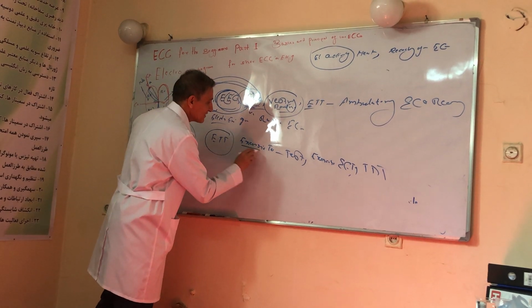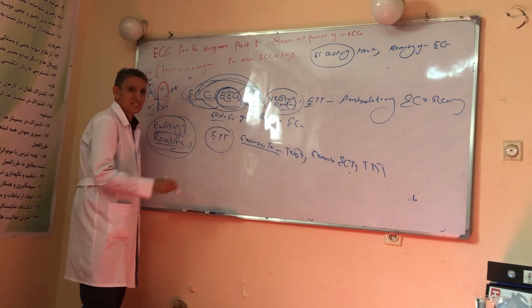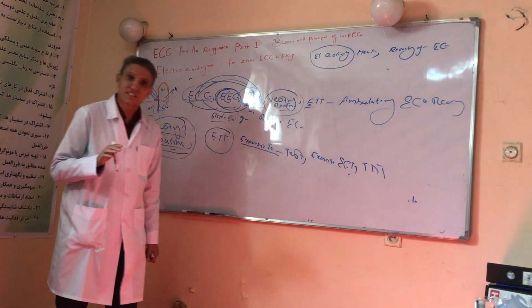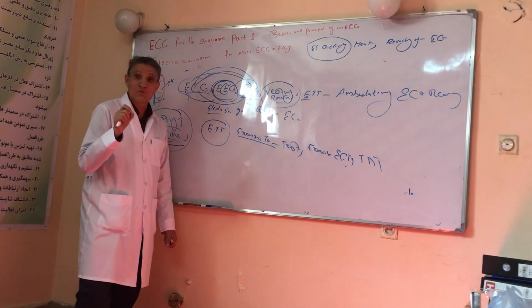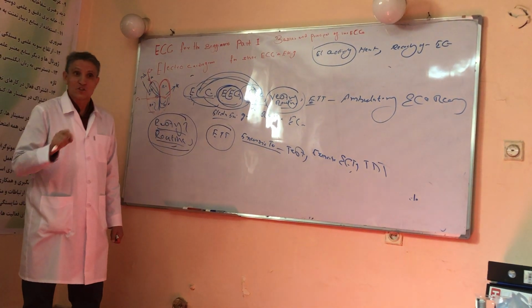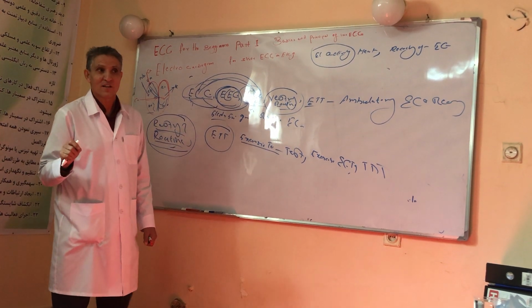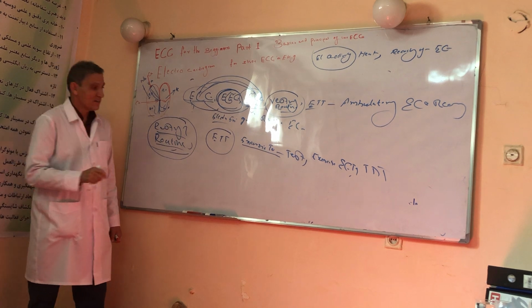What is exercise tolerance test? This is a test in which we ask the patient to exercise over a treadmill. It means we do two things at the same time: exercise, and during exercise we record the electrical activity of the patient.